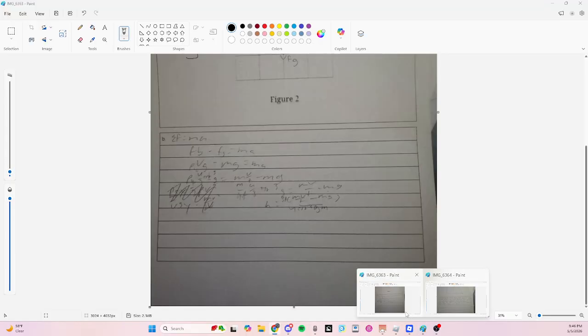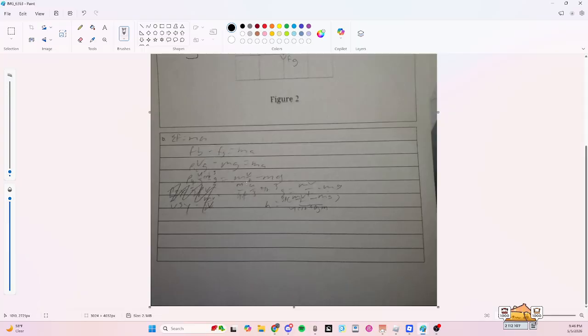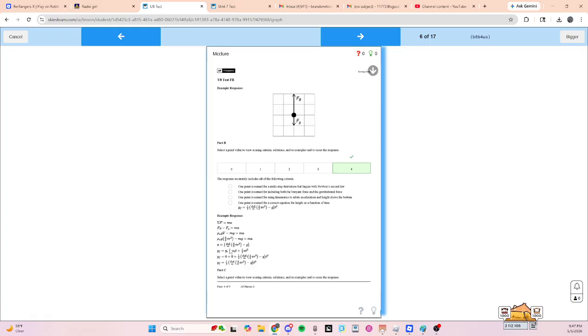A equals, oh, okay. So I got to this part, but for some reason I changed the ma to mv over t, and then I didn't isolate the a like I was supposed to, so I could plug it into this equation.